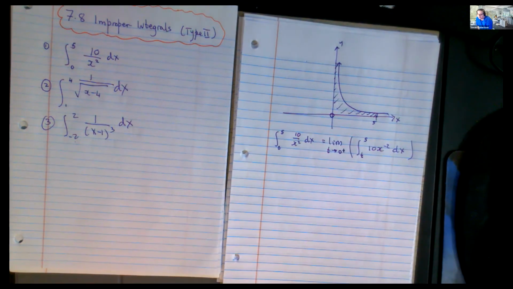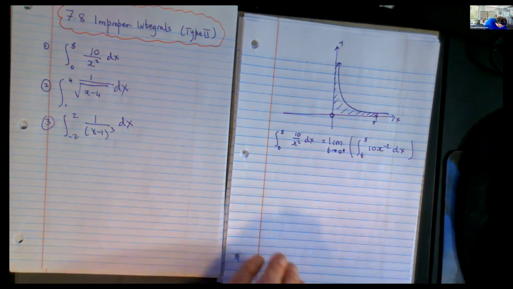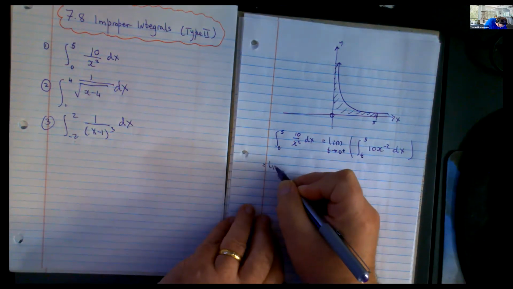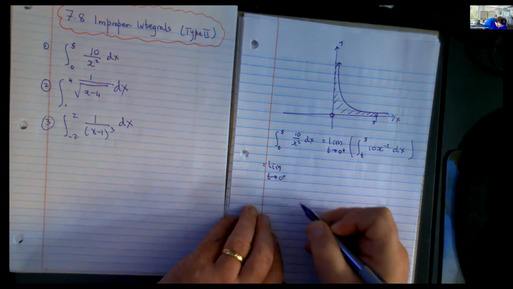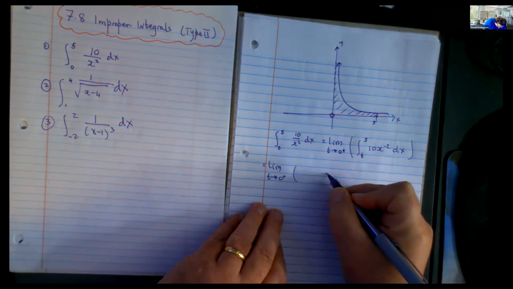Technically speaking, although it makes no difference to anything, the answer is the same, shouldn't it be called 0 plus? That's to do with the fact it's a right-handed limit. I know it's a long time ago when we did left and right, but to keep the math lawyers happy, call it 0 plus. And let's see what we have then. It's going to be the limit as t tends to 0 plus, and this guy is basically a nice power rule.